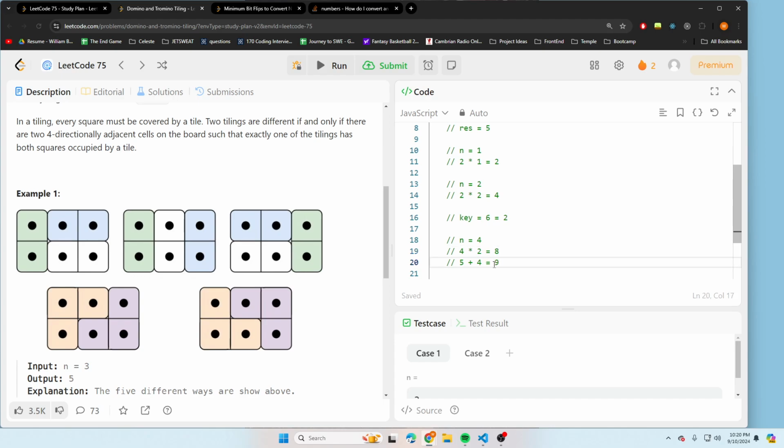So there's 9 ways of doing that. 1, 2, 3, 4. I feel like that's the way. So 9 is additional of the 2 numbers there.